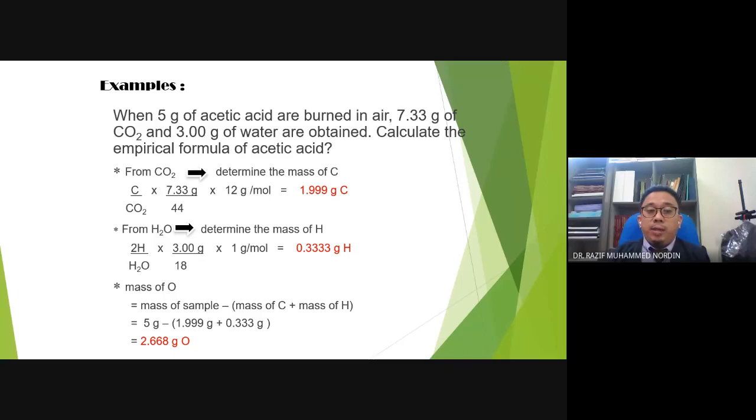This is the example. From CO2, you can determine the mass of carbon. Okay. Let's say in the case you do not know how acetic acid is, the number of carbon, hydrogen, oxygen, its CHO, not sure. So in this way you can use CO2, you only know the products. The information available is only the products.